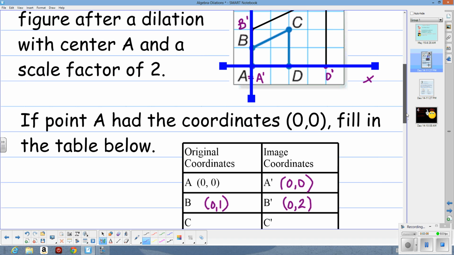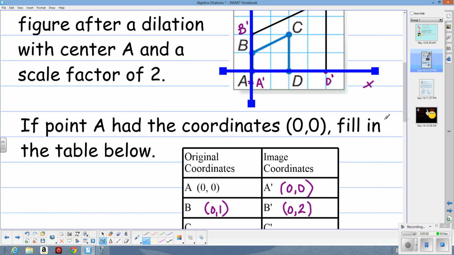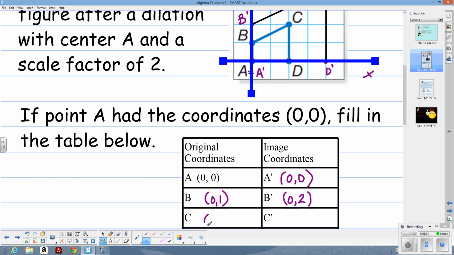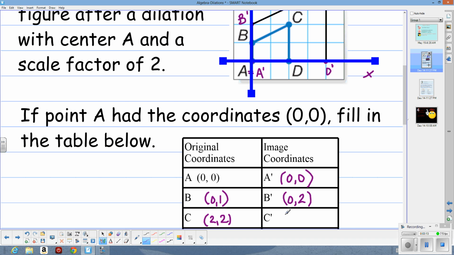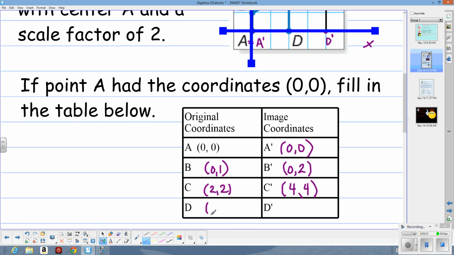C was at 2, 2. And then C prime is at 4, 4. D is at 2, 0. And then D prime is at 4, 0.